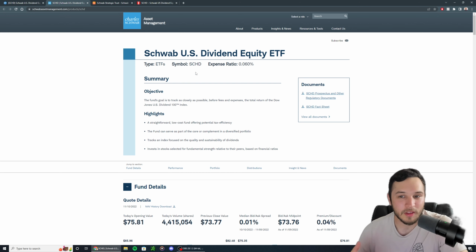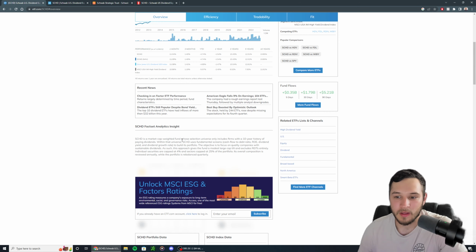This fund is an ETF that tracks the performance of the Dow Jones US Dividend 100 index. The Dow Jones US Dividend 100 Index is a composition of 100 US based companies that have a history of paying out dividends consecutively for 10 years.